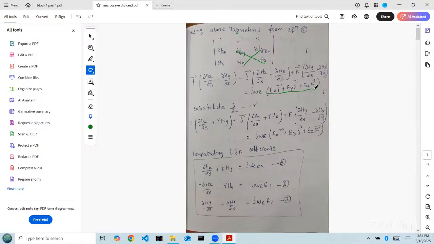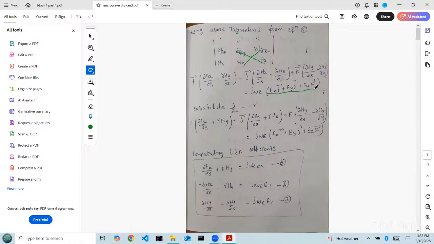Is this clear? Come to the next one. In place of dou by dou Z, I am substituting minus gamma, and cross-check whether the equation is satisfied after substituting. It is gamma. Just refer to the textbook after 3.3.